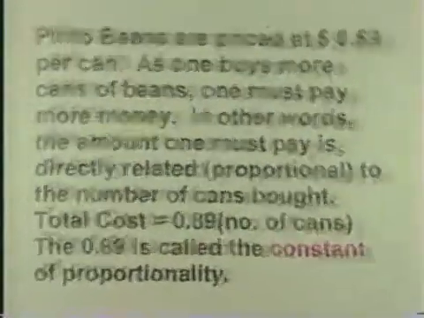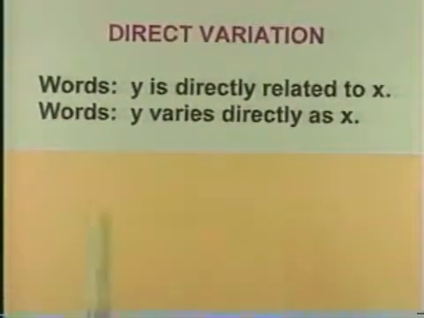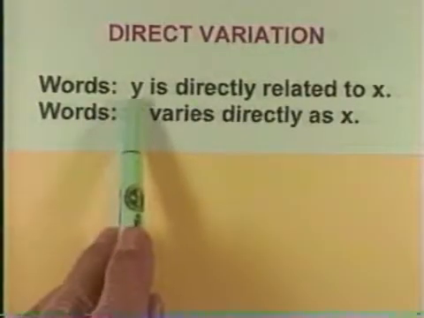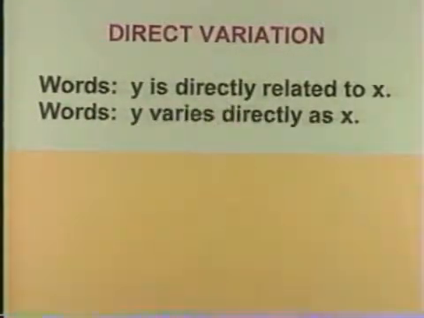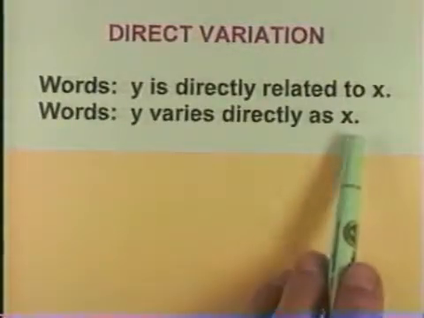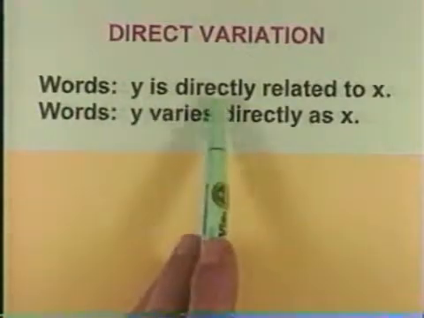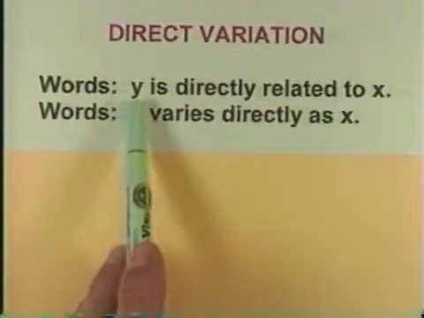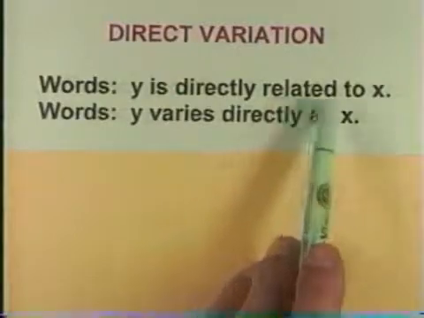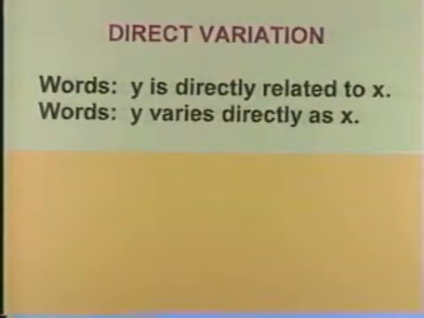So let's look at the direct variation model. In words, we say that y is directly related to x, or y varies directly as x varies. We could also say y is directly proportional to x, or we could say y varies directly as x.